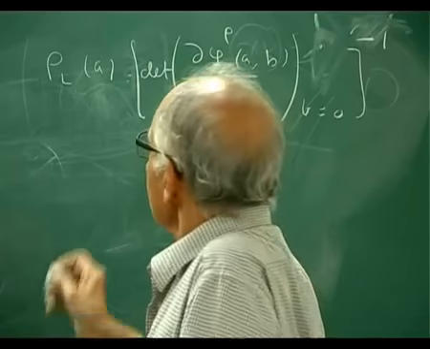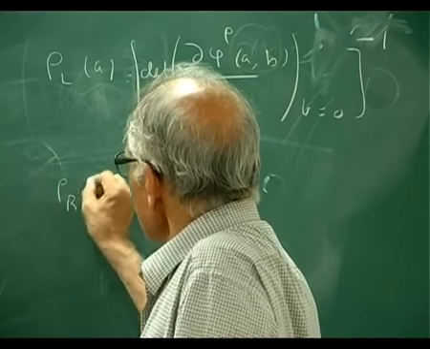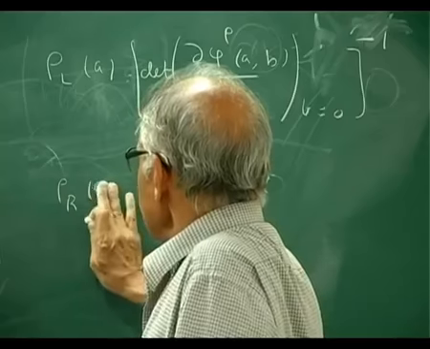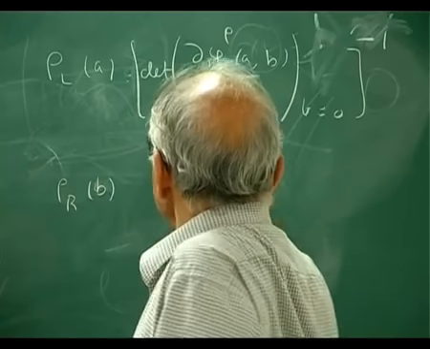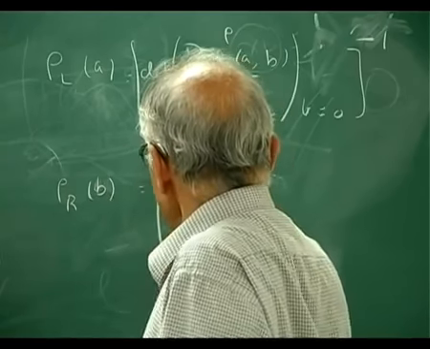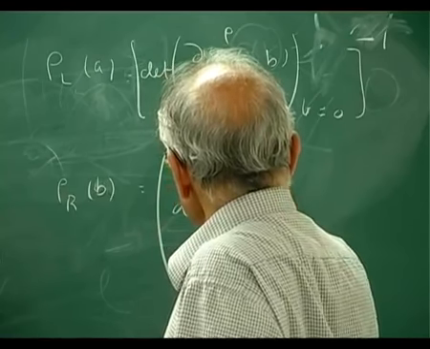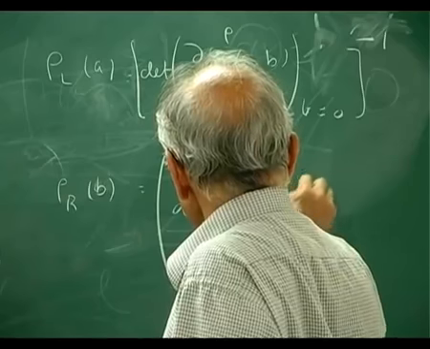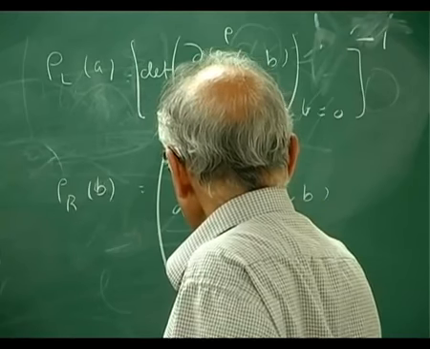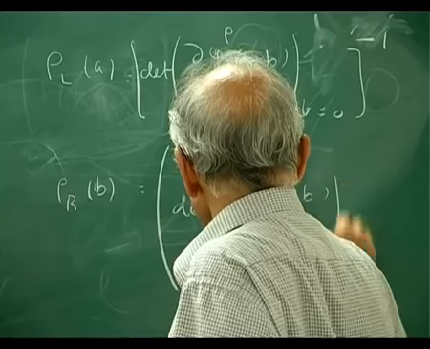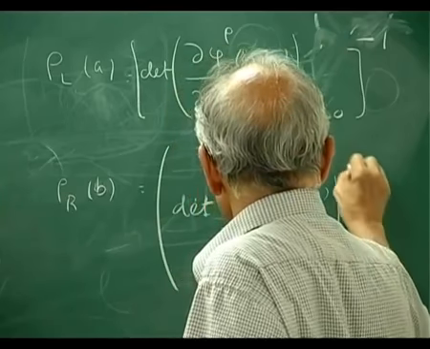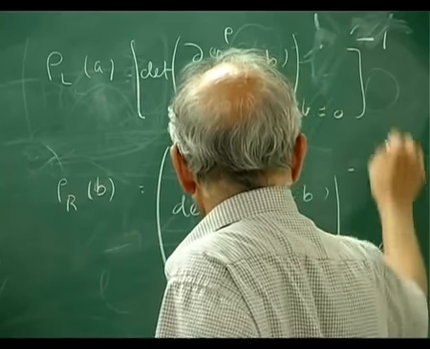Likewise rho R of B will be the determinant of d phi rho of AB over dA sigma, at A equal to 0, inverse.